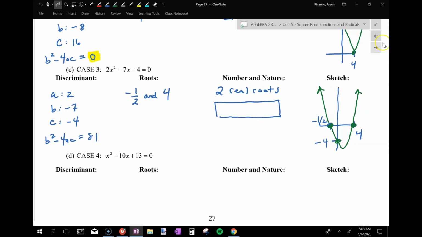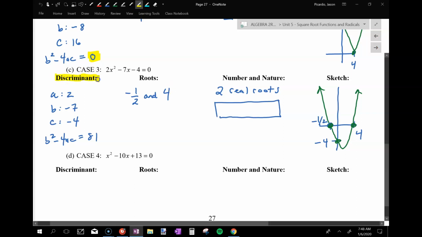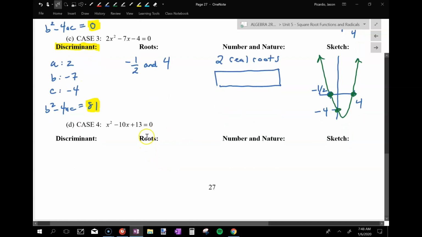But what was our discriminant? Our discriminant here was 81. Okay, we're going to add to this description after we complete the next example. All right. Discriminant.